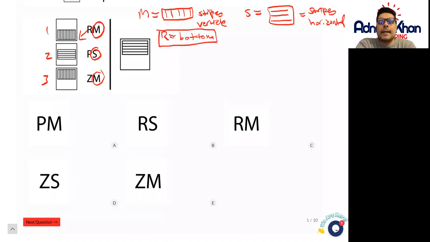Let's have a look at P. Looking at P, we can see that the pattern is in the middle of the box. And then Z, we can see that the pattern is at the top of the box.